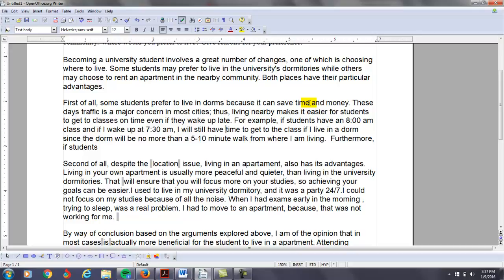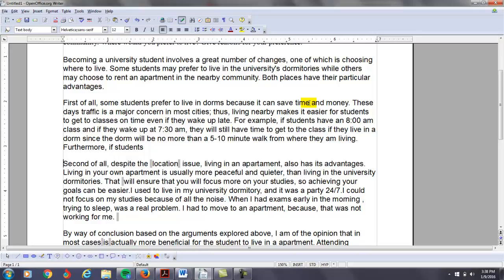If students have an 8 o'clock a.m. class, and if they wake up at 7:30 a.m., they will still have time to get to the class if they live in a dorm, since the dorm will be no more than a 5 to 10 minute walk from where they are living.